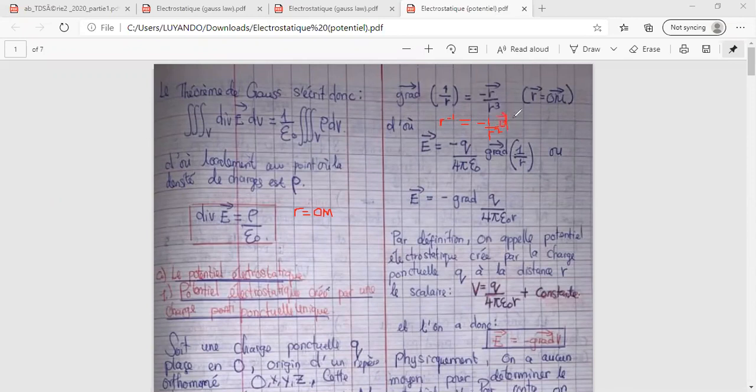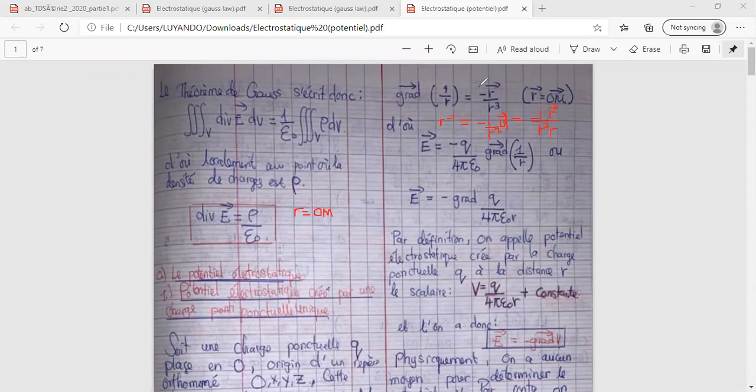This is equal to negative 1 over r squared times the vector r over r. So this is going to be r squared, sorry.